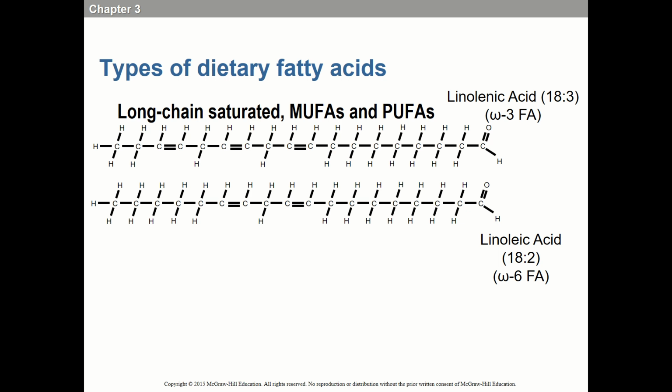And omega-3 means that the first double bond, at least in this case, is on the third carbon bond. Everyone good with this? So 18:3, 18 carbons, 3 double bonds.